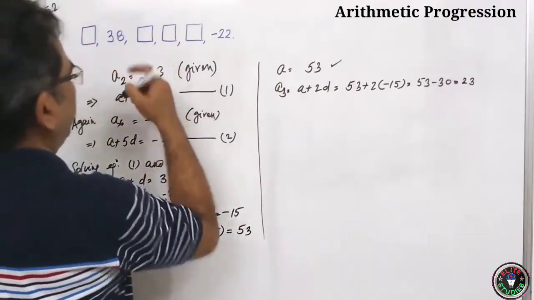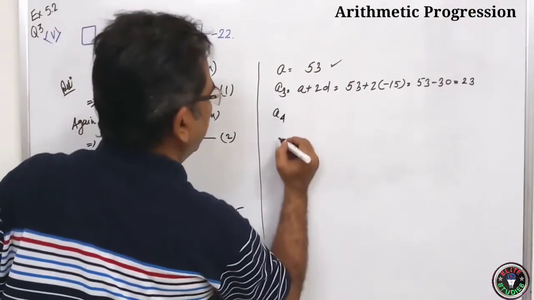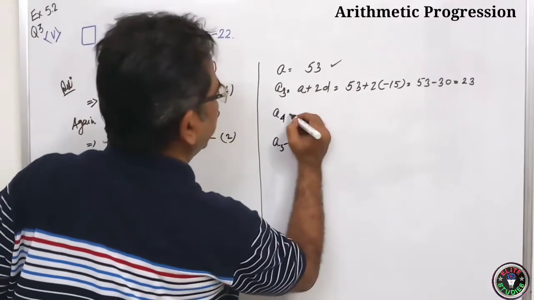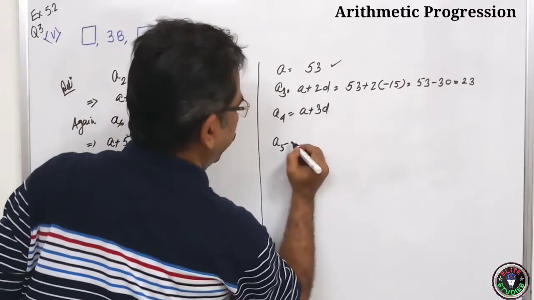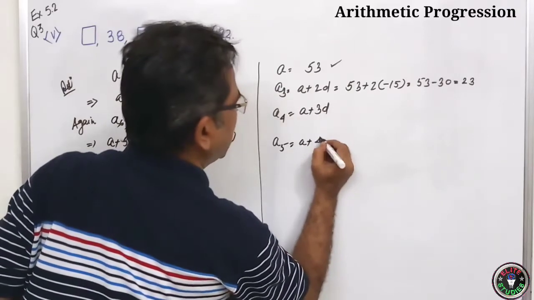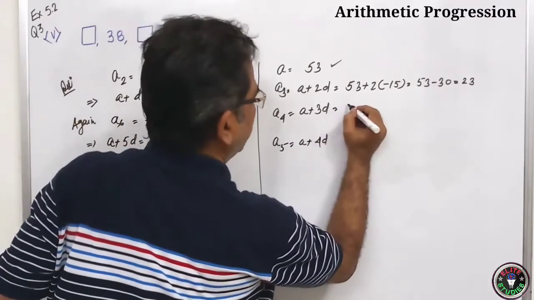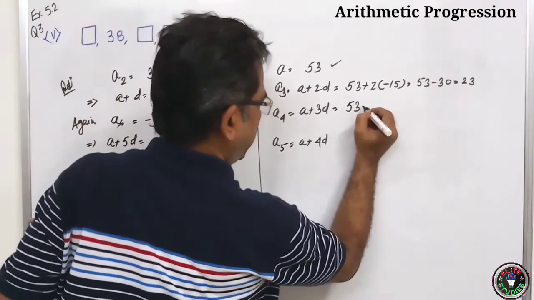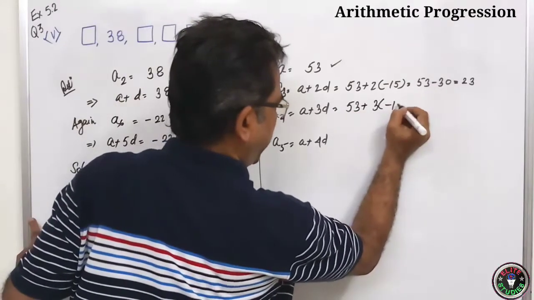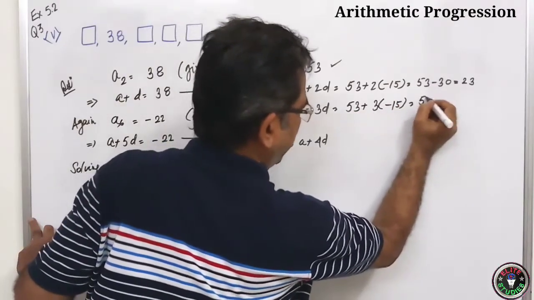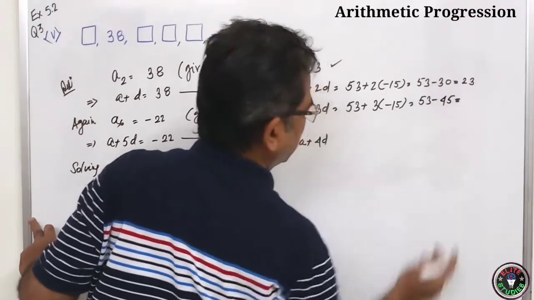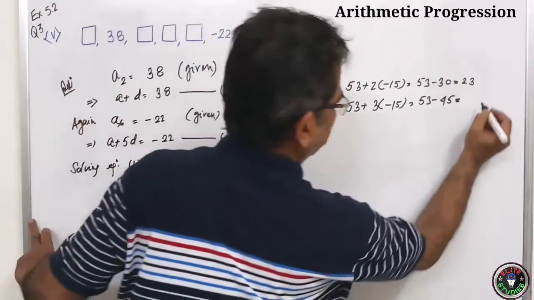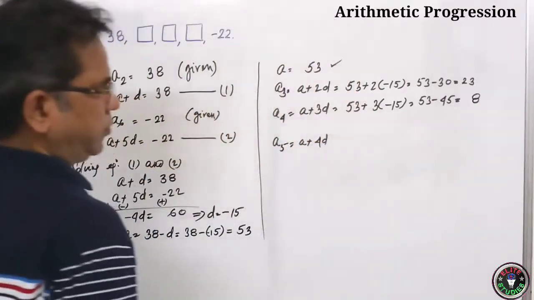A1, A2, A3, A4. We need to get A4 and we need to get A5. A4 is A plus 3D, and A5 will be A plus 4D. So A4 is 53 plus 3 into minus 15. It is 53 minus 45, so it will be 8.